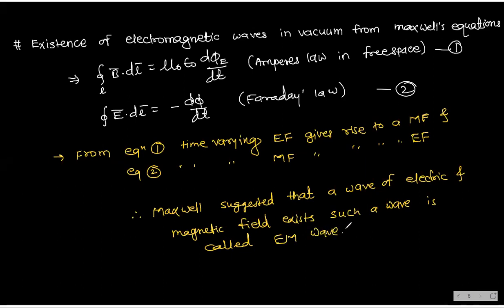So this is all about the introductory part of electromagnetic waves, how electromagnetic waves can exist in vacuum also. That's why all these theoretical concepts came with some proofs from scientists.